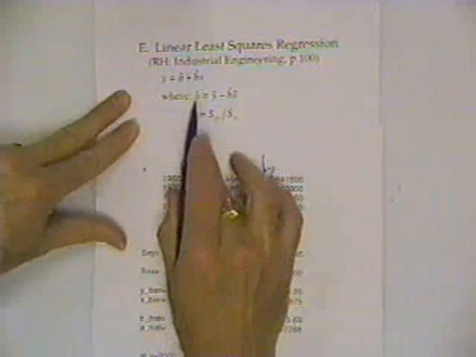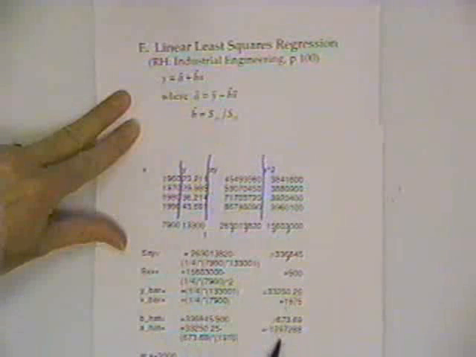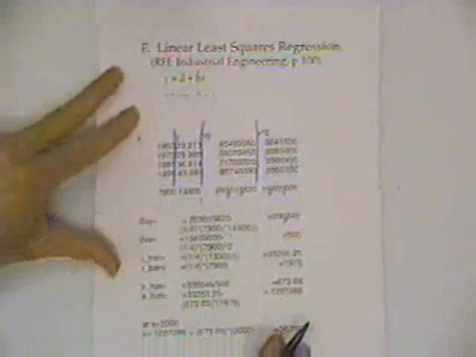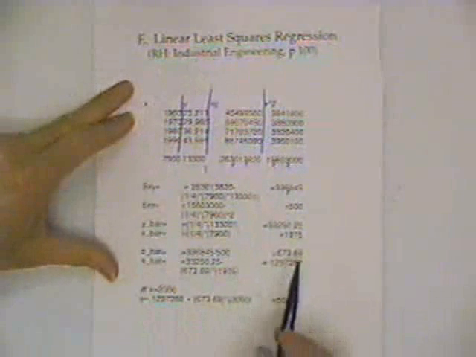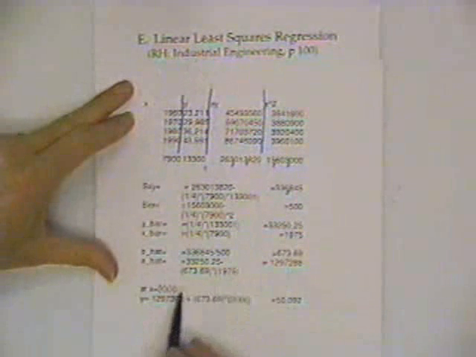Then calculate A hat as Y bar minus B hat times X bar. We calculated Y bar here, we subtract B hat times X bar, and we end up with this number. So now we have the slope and the intercept of our function.